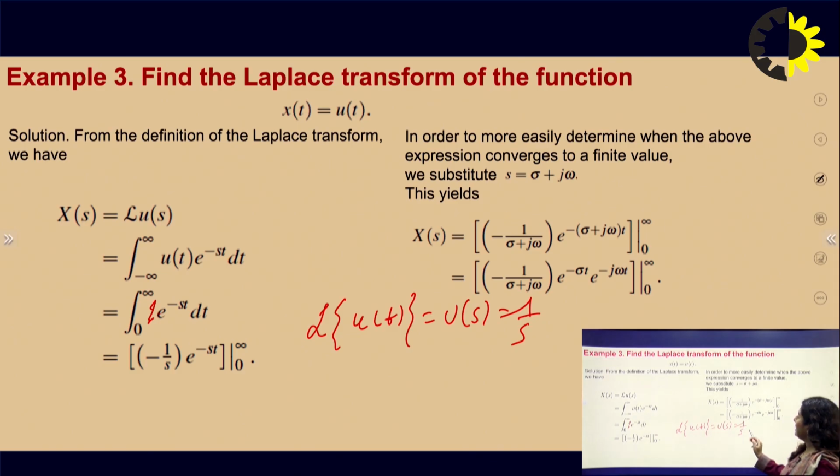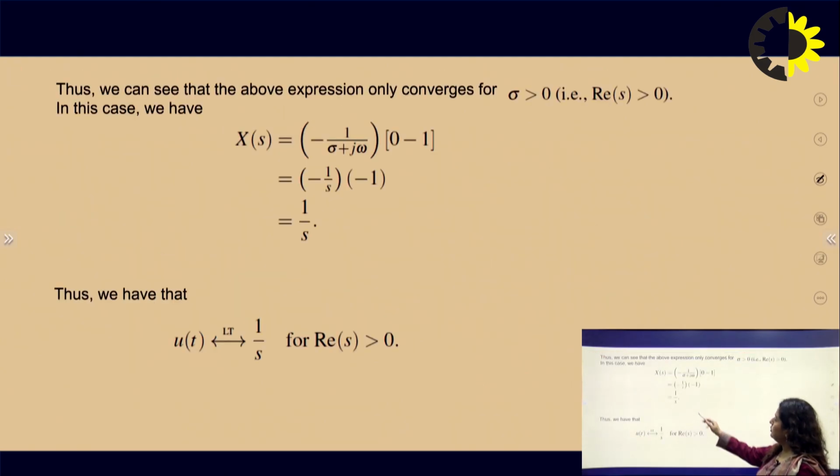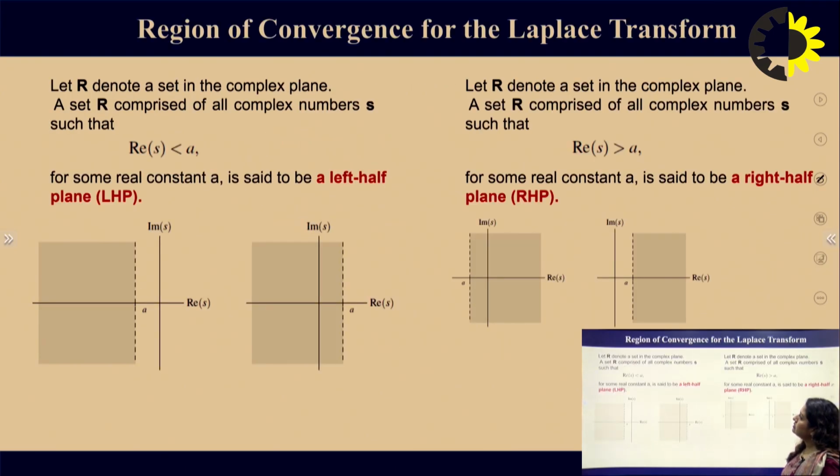So when you take s equivalent to 0, this function becomes infinity. So we have the ROC, that is real of s greater than 0. So this is the ROC for u(t). So you can see u(t) is 1 upon s, and the ROC is the real of s greater than 0. Now we just have an idea of the region of convergence for the Laplace transform.